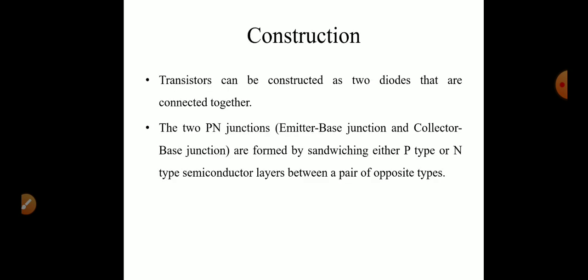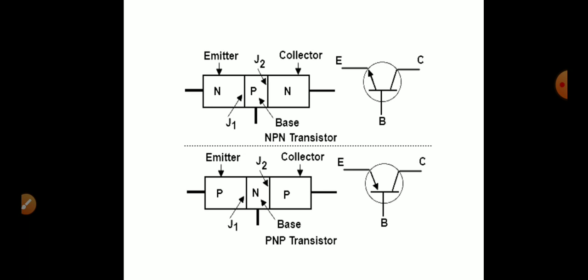The two PN junctions are formed by sandwiching either a P-type or N-type semiconductor layer between a pair of opposite types. In an NPN transistor, the two PN junctions are the emitter-base junction and the base-collector junction. Here the junctions are formed by sandwiching a P-type layer in between two N-type semiconductors. That's how the NPN transistor is constructed.